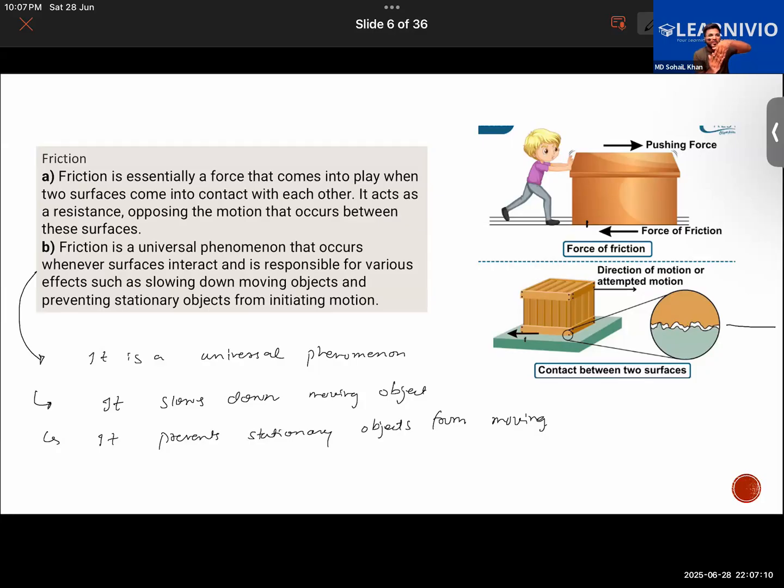Suppose these irregularities are more, then you have to apply so much force, an extra amount of effort, to make the object move. But if these irregularities are less, the interlocking effect will be weak, and it will be easier to move the object. Getting it now? So that is the thing over here.